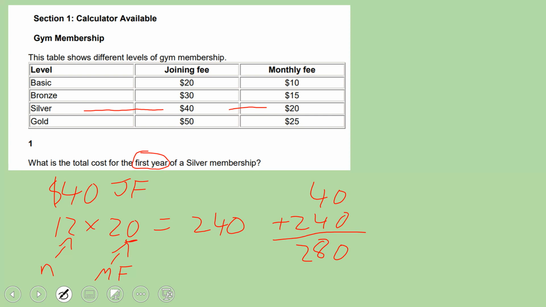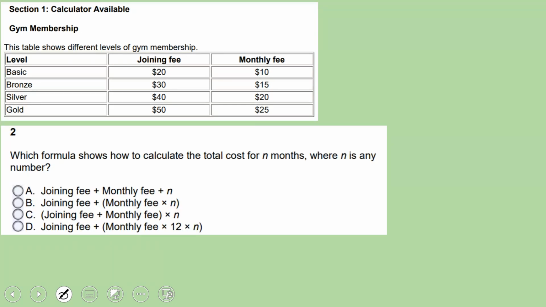So n, number of months times monthly fee, and then we add the joining fee to that separately. So that means that joining fee can't be in the brackets, so this one is no good. Joining fee has to be kept separate from monthly fee that multiplies by the number of months. So this is the right answer.